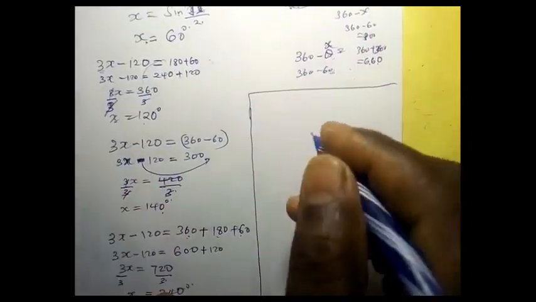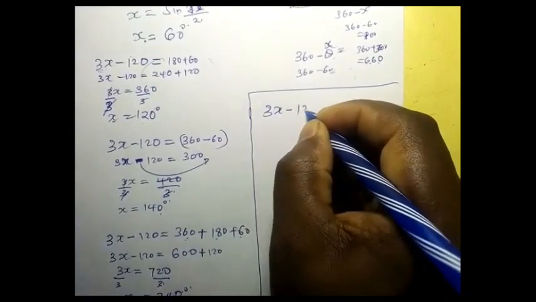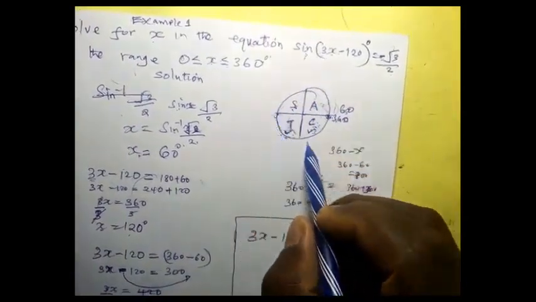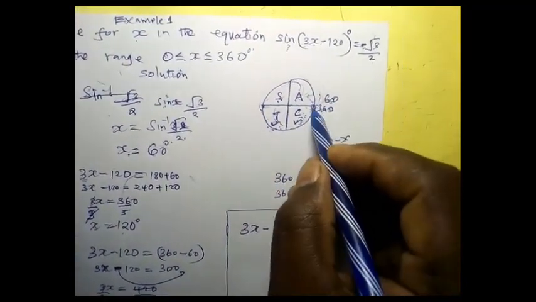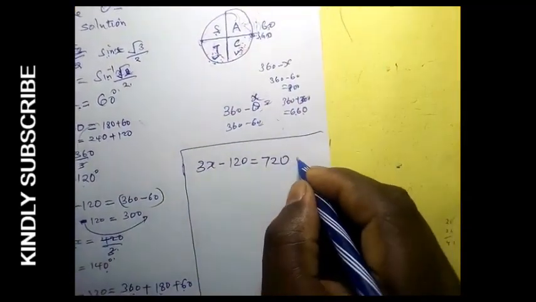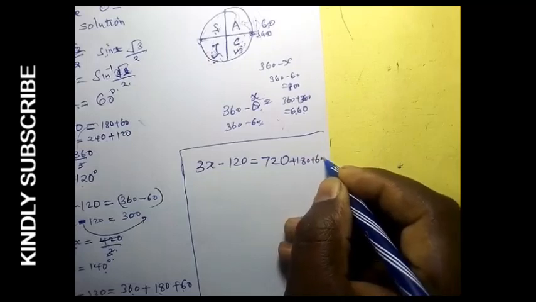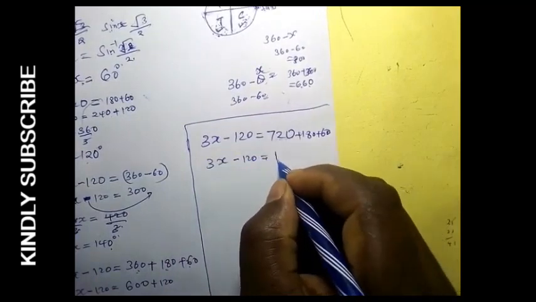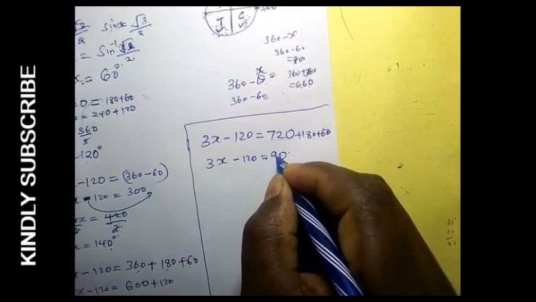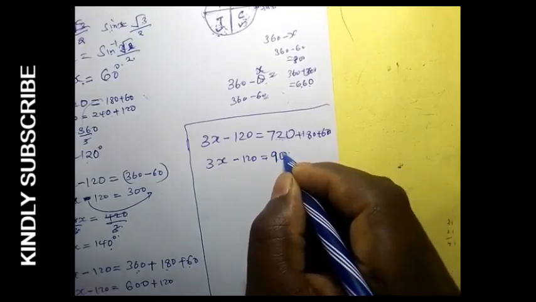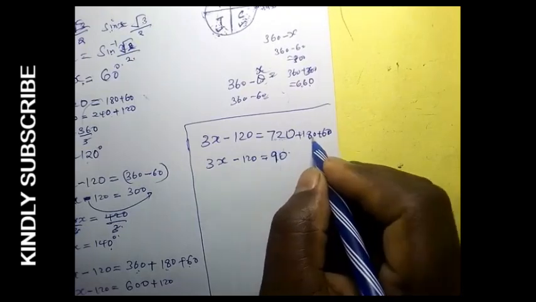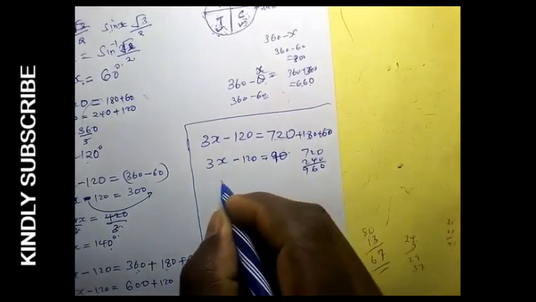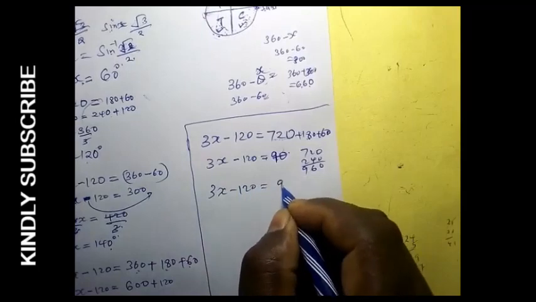So 3x minus 120 equals 720 plus 240, which is 960.